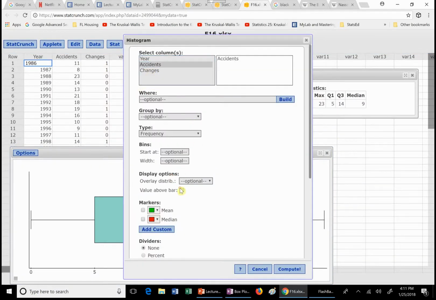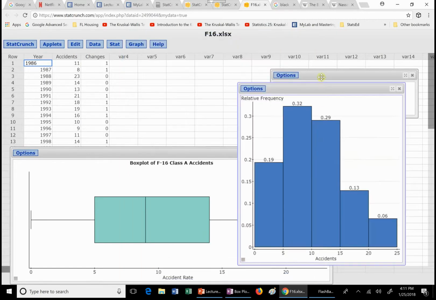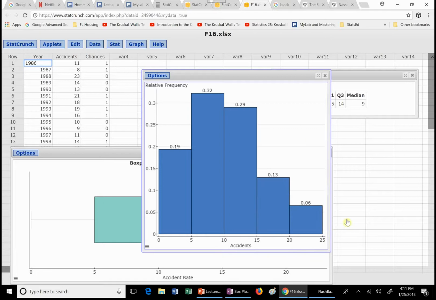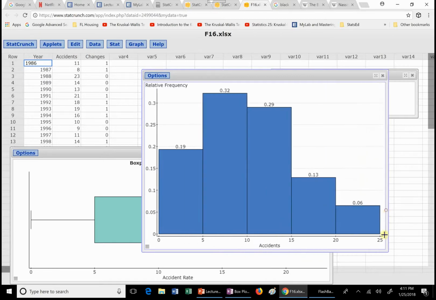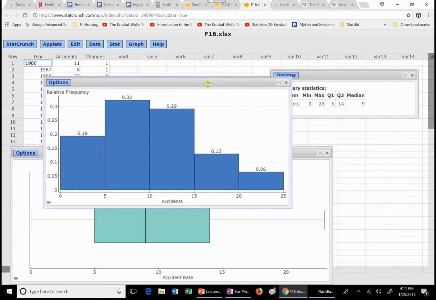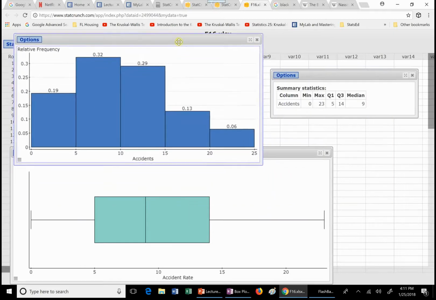And I'll say values above bar and do the relative frequency. So this is just like the plot we did before. And I'm going to try to stretch them out so that they have the same x-axis lengths. Okay? So they're both starting at 0.